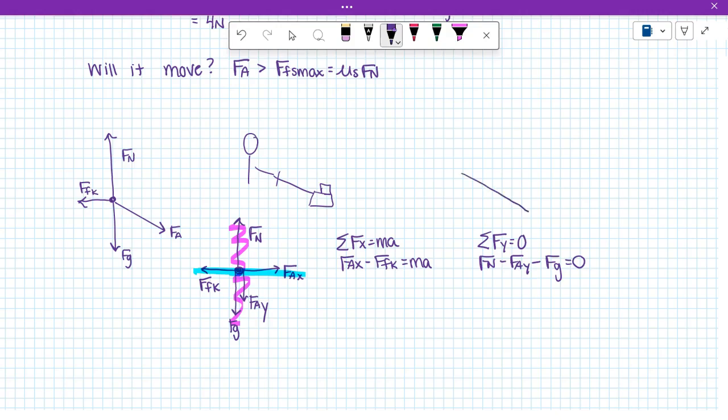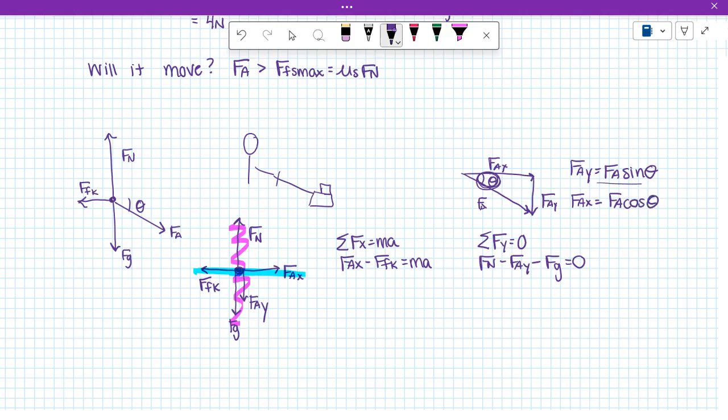Now my x and y components, we know how to find those. Those are the triangles. Let's say this is at an angle theta. Here's my y component on that triangle, here's my x component, here's my applied force, here's my angle. As long as we're dealing with this angle, the angle with horizontal, we can shortcut: the applied force in the y direction is Fa sine theta, and in the x direction it is Fa cosine theta.